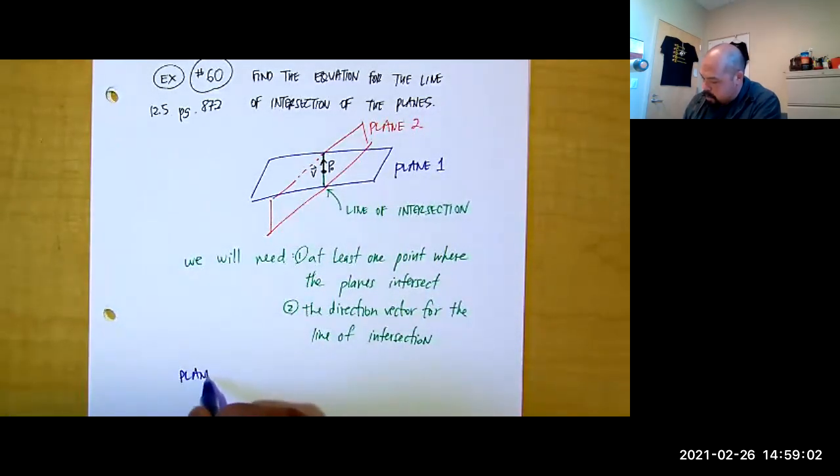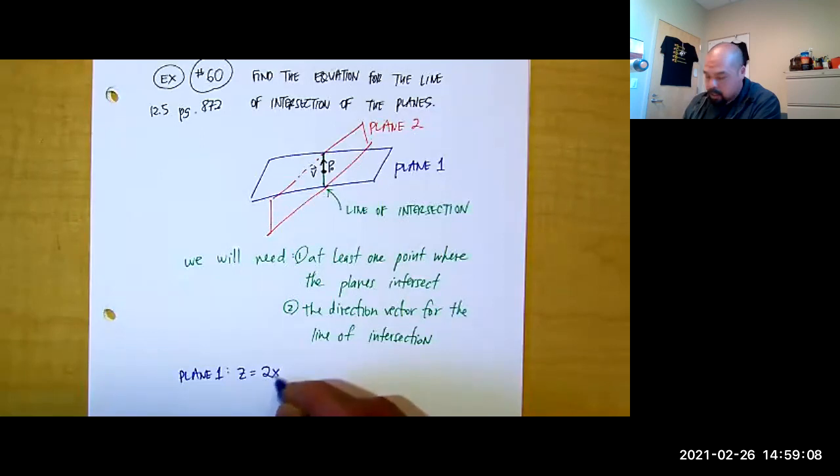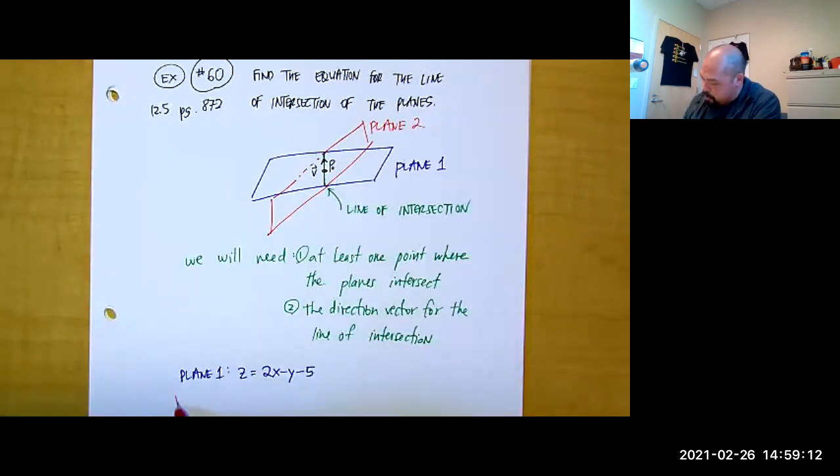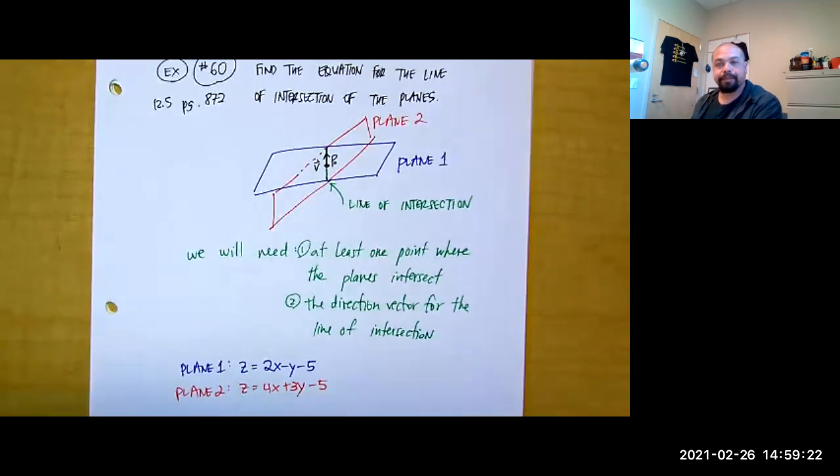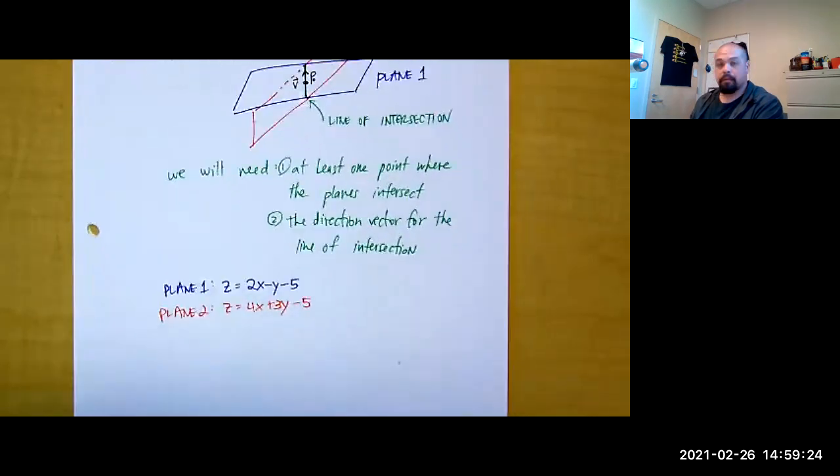In plane number 1, my equation is z equals 2x minus y minus 5. In plane number 2, z is equal to 4x plus 3y minus 5 as well.